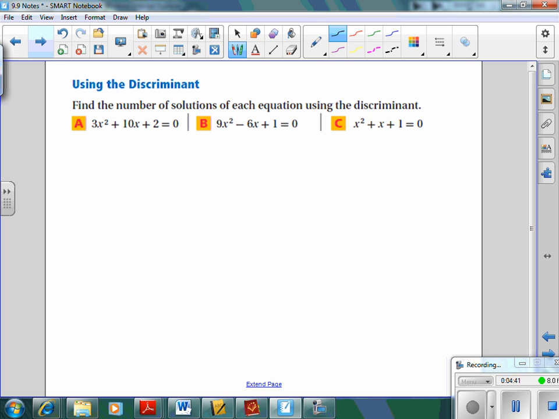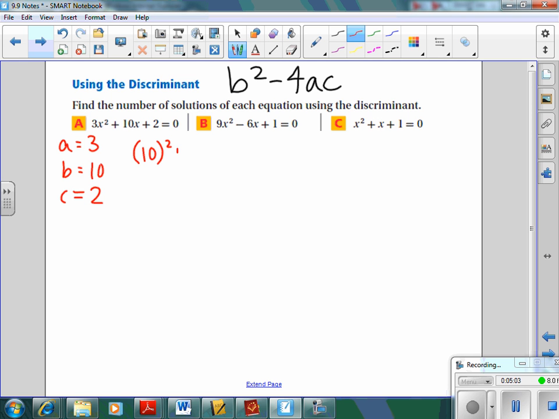So let's do some problems where we just figure out how many solutions there are. The discriminant, remember, is just b squared minus 4ac. In this very first one, a is 3, b is 10, and c is 2. So let's plug those in. I have 10 squared minus 4 times 3 times 2.